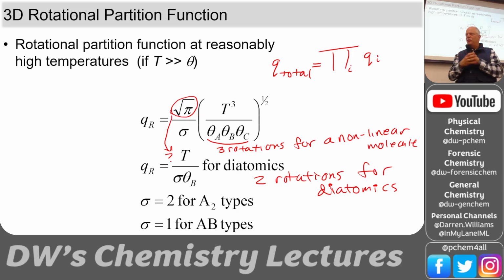So the symmetry number takes into account the symmetry of the molecule, and it's kind of like a degeneracy term, right? We don't want to overcount the possibilities if they're not distinctly different. And so that's why it's in the denominator. So it's preventing overcounting.